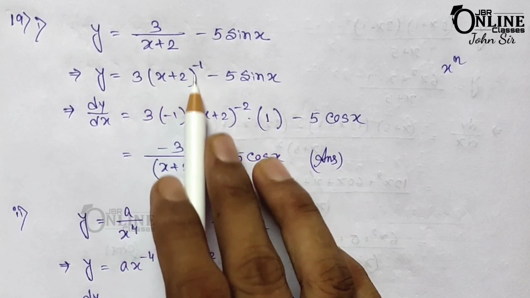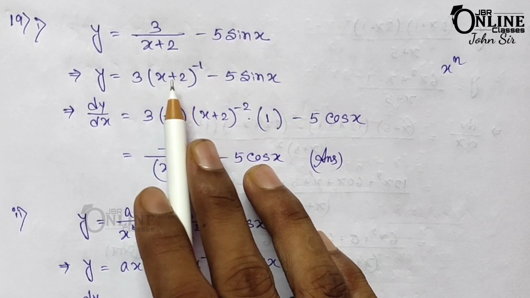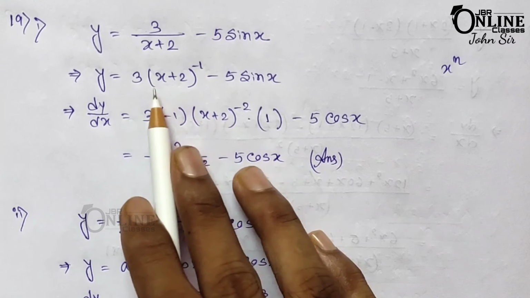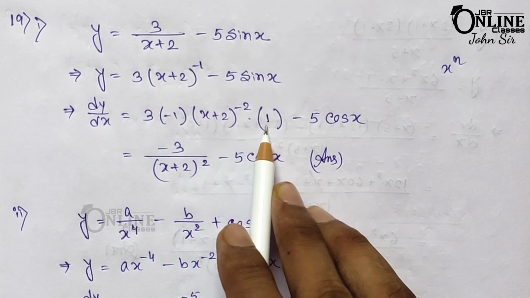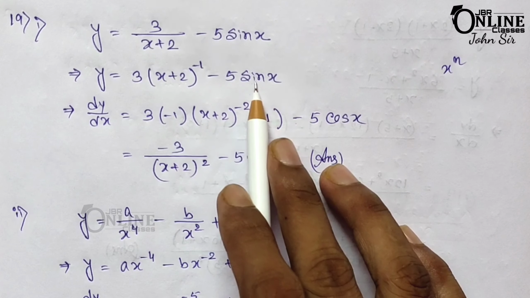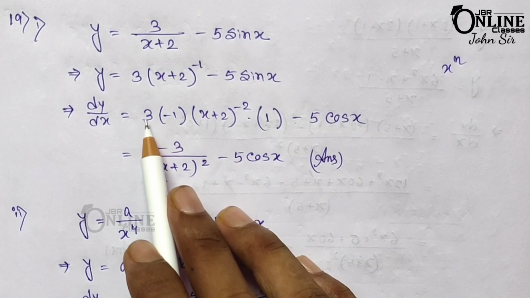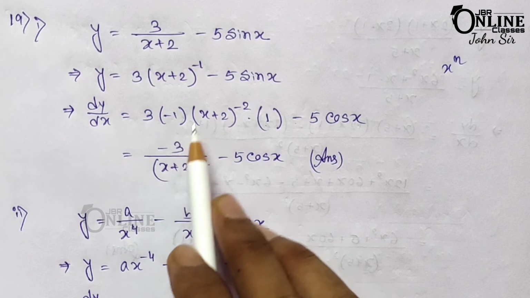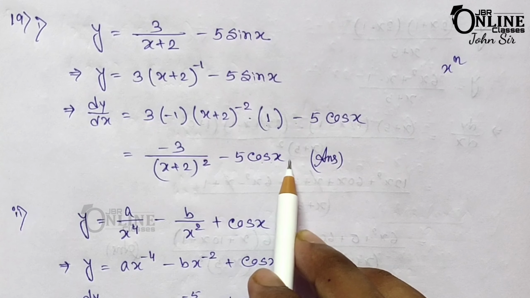But here instead of x you have x plus 2, that means you have to differentiate this one again. The derivative with respect to x of x plus 2 will be only 1. Clear? Now minus here 5 and the derivative of sin x, which equals cos x. So now here 3 into minus 1 gives minus 3 by x plus 2 whole square minus 5 cos x as your answer.